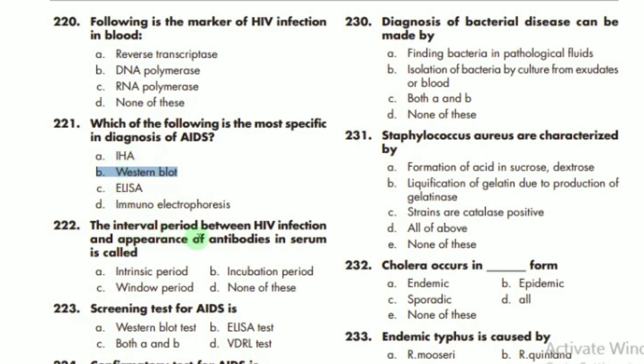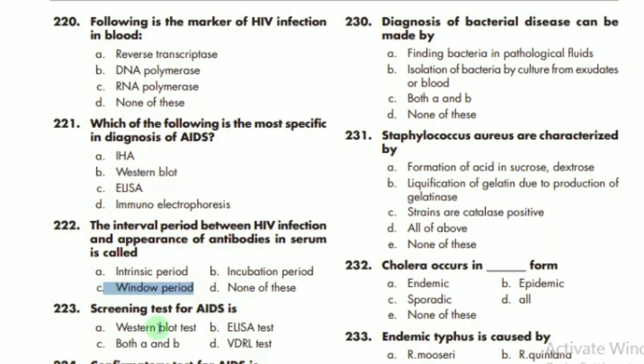The interval period between HIV infection and appearance of antibody in the serum is what we call the window period. C is the correct option.